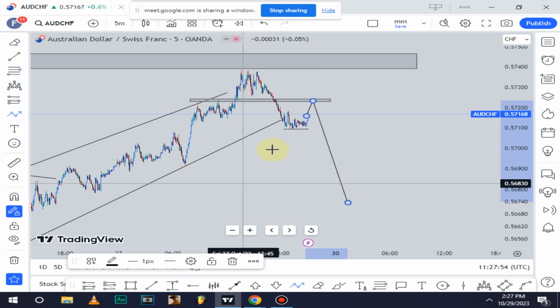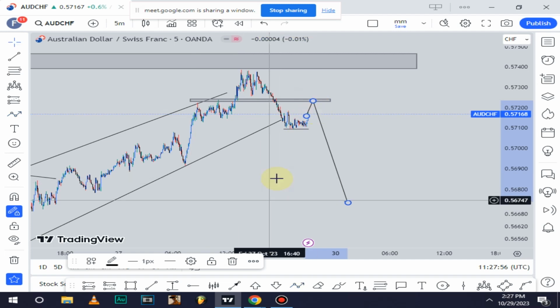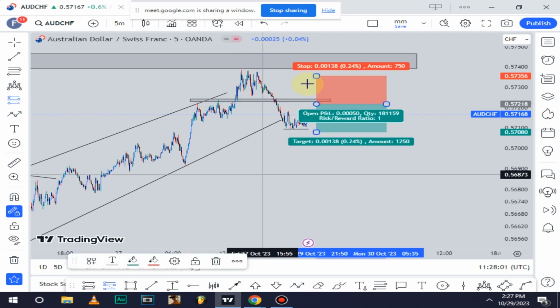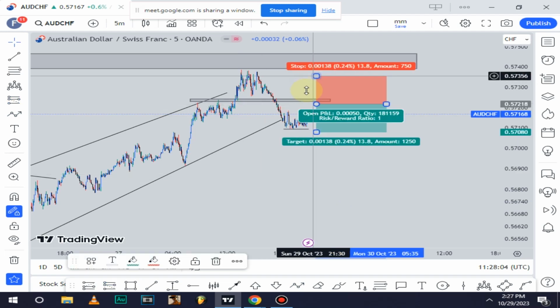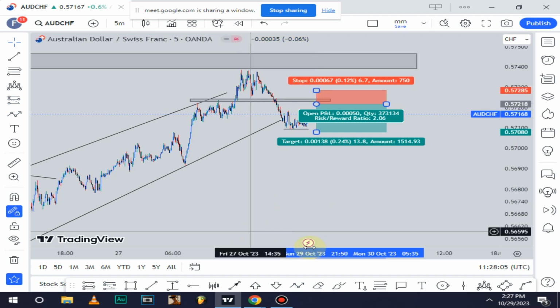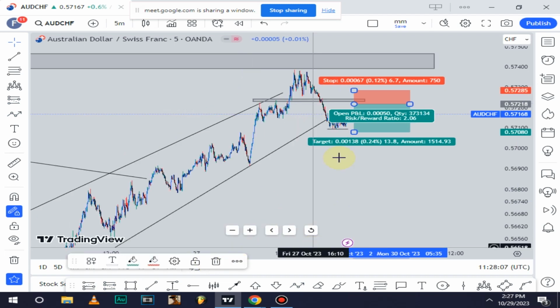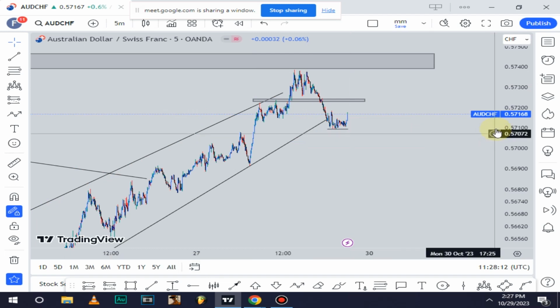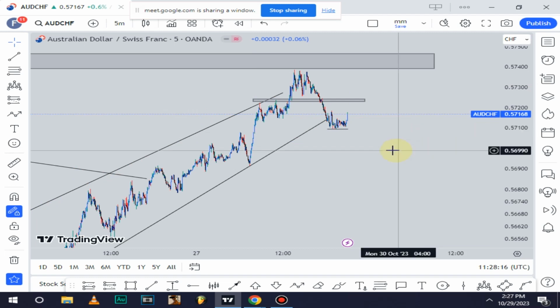So I believe that if the market goes up, then that will be a great sniper entry to make our sell entry above that zone. But for a safer entry, I do prefer that the market should actually break around this support, that neckline it did create. So I'll just need to add my alert around this zone.